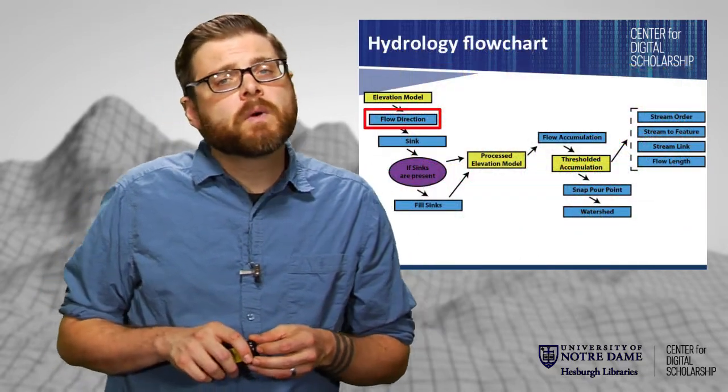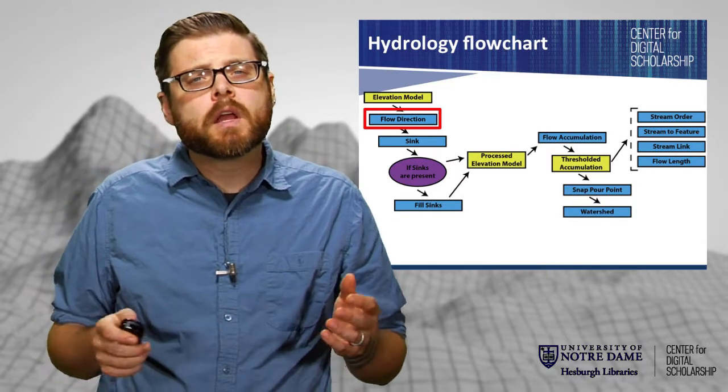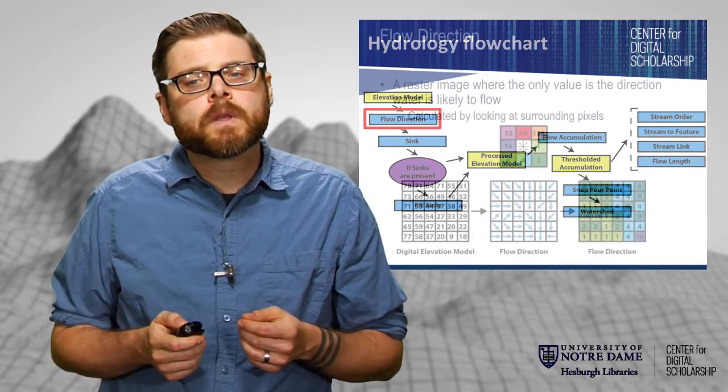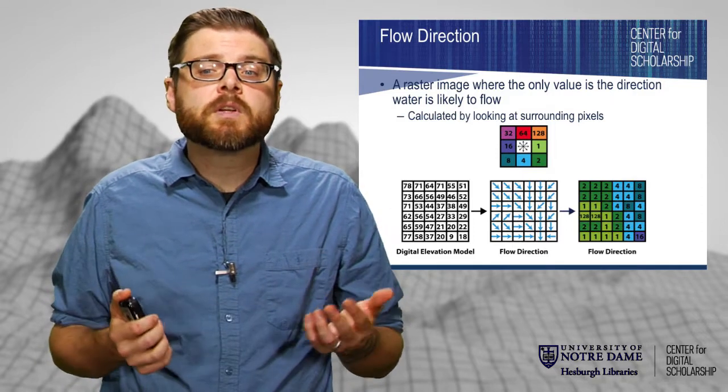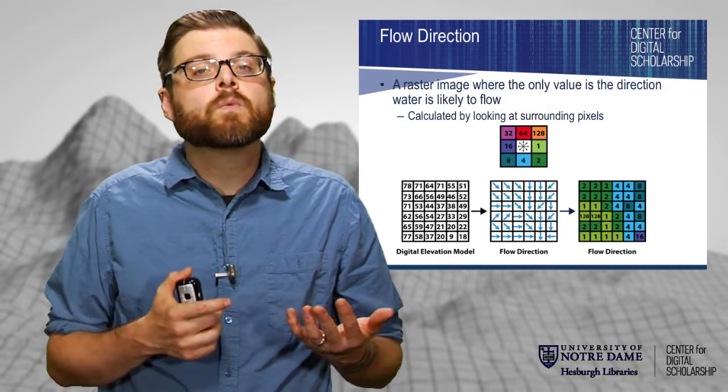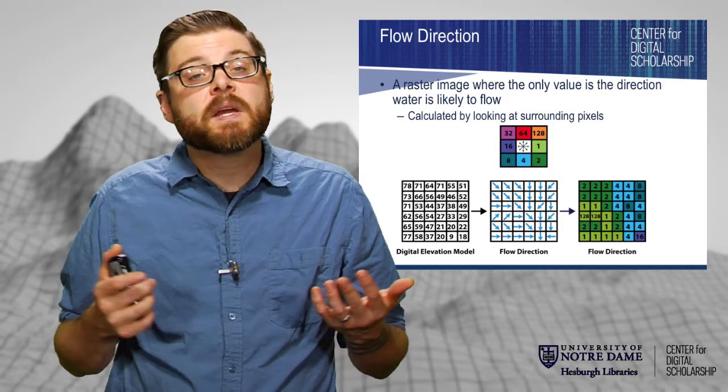The first thing we might want to understand is what direction water is likely to flow at any given point. We do this by creating a flow direction raster. This is a raster image where the pixel value is the direction water is likely to flow. It's based on the slope again.